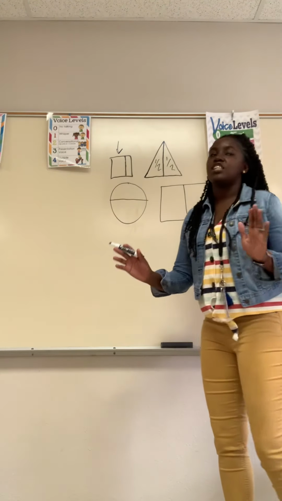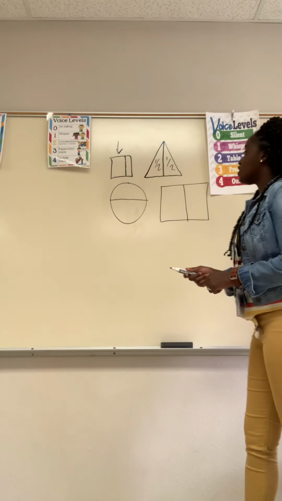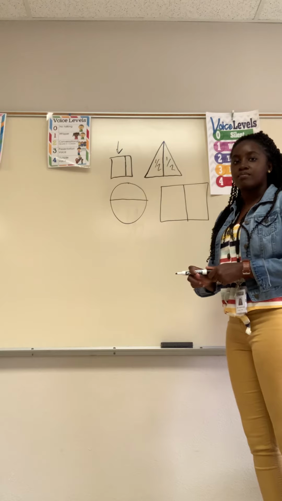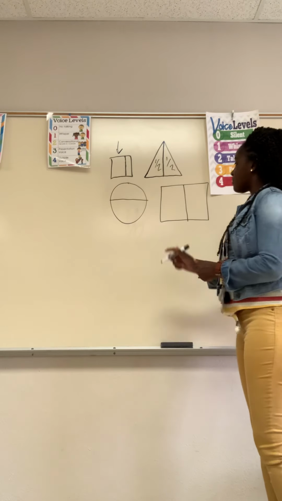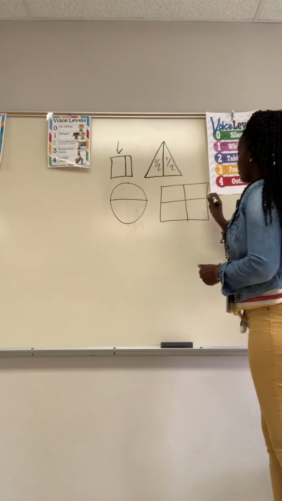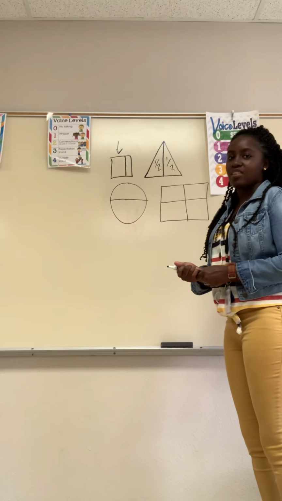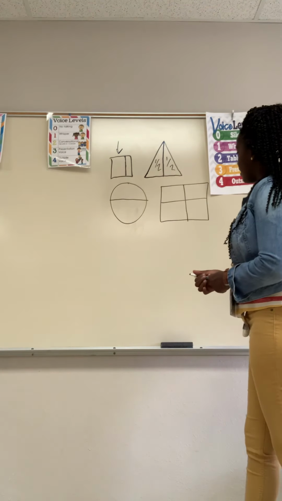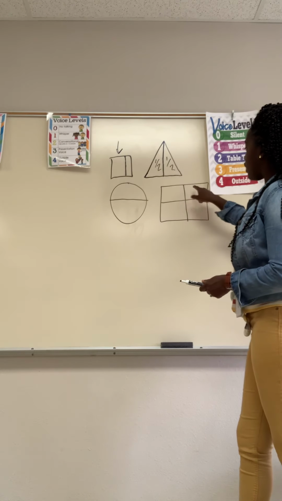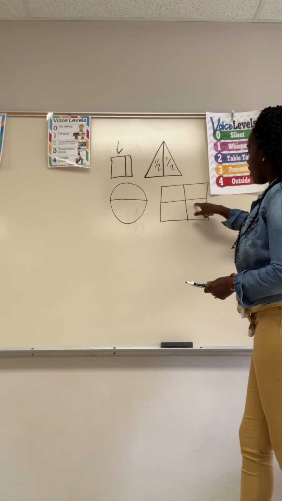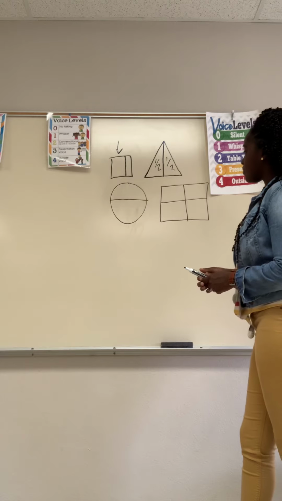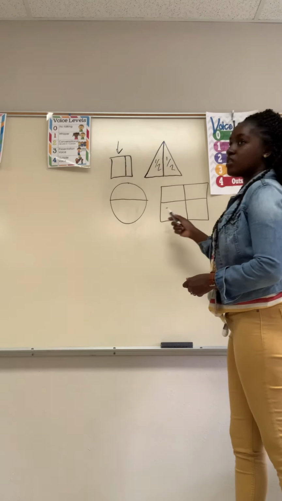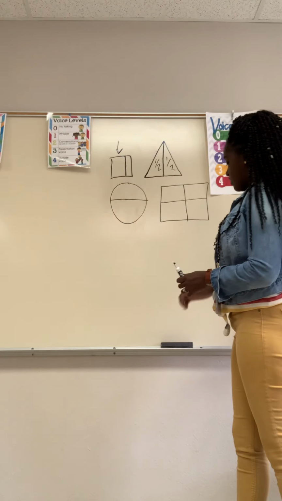Anybody have any suggestions? We can draw a line there. Exactly. So here we have 1, 2, 3, 4. And this is dealing with fourths. This would be dealing with halves.